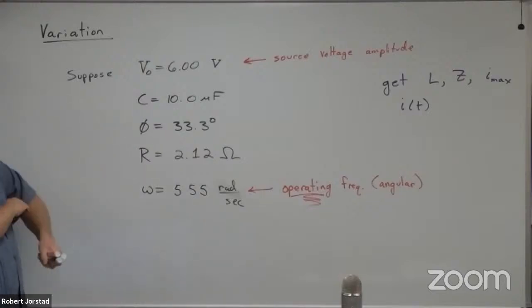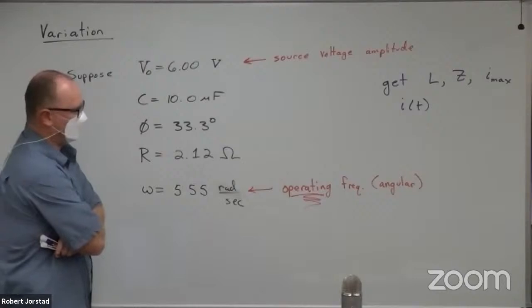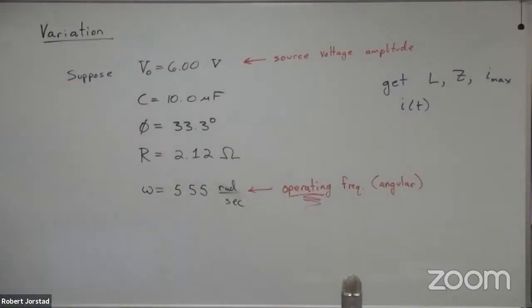Any thoughts how we would approach this? Which one of these parts would you want to attack, and how would you attack it? What's the first piece you might go for?